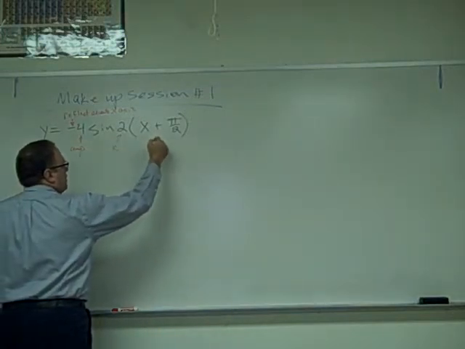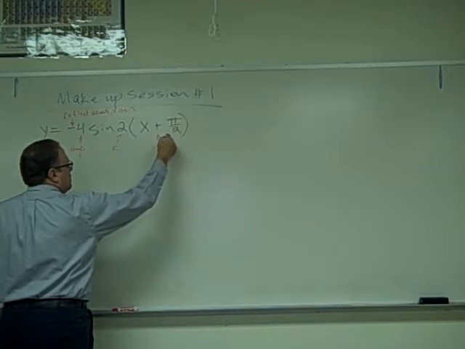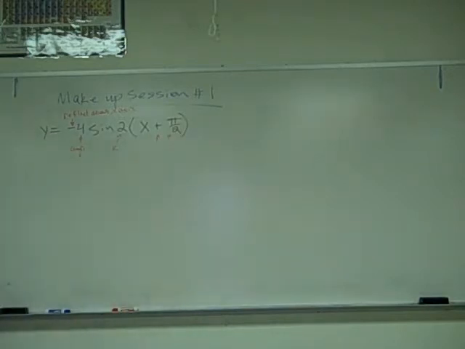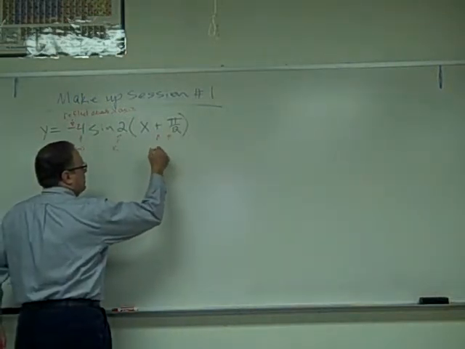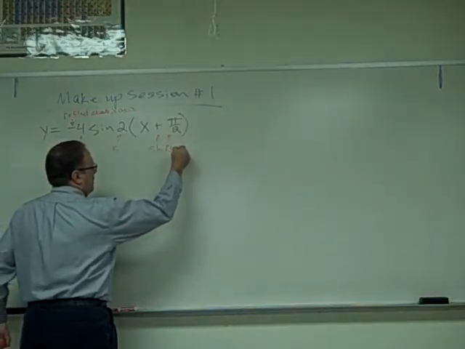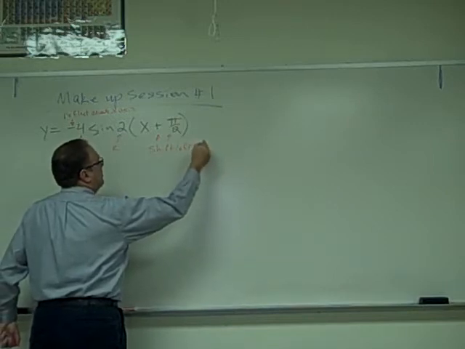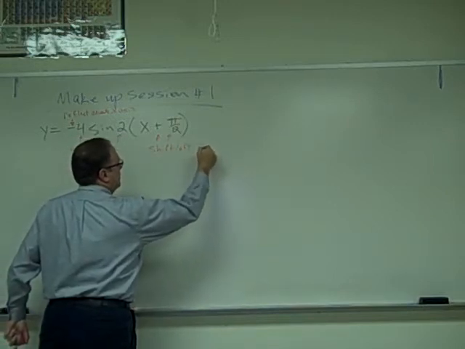And since we don't have to factor anything out, that plus pi over 2 tells us that we are going to do what kind of transformation? Right, we're going to shift left by a factor of pi over 2.